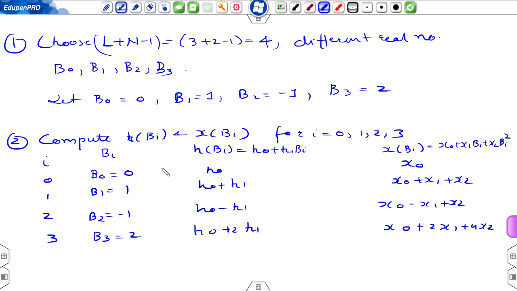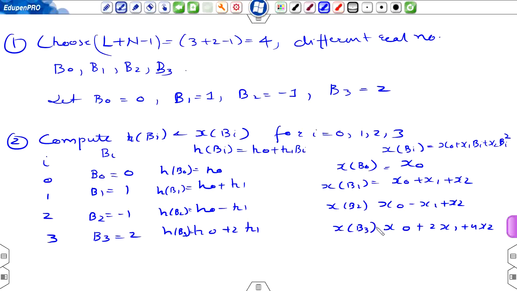So this is h of beta 0, h of beta 1, h of beta 2 and h of beta 3, and this is x of beta 0, x of beta 1, x of beta 2, and x of beta 3.